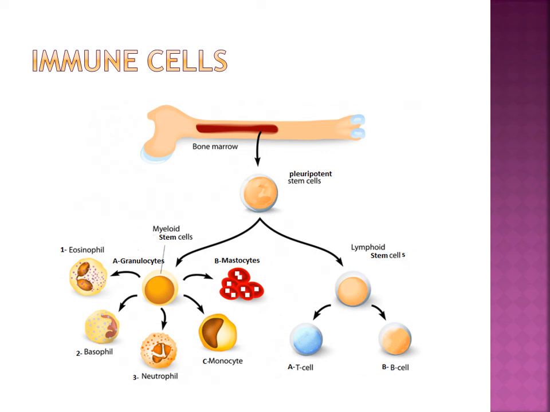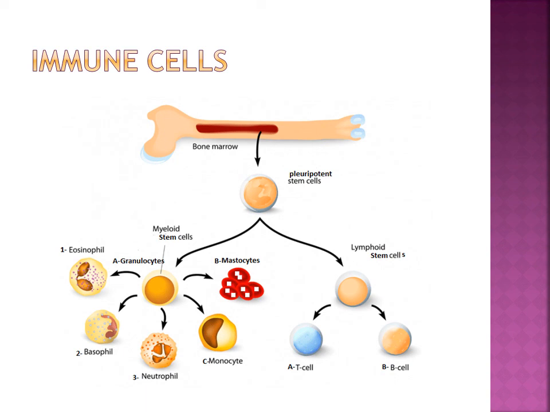Granulocytes can be classified into three cells called eosinophils, basophils, and neutrophils. Mastocytes and monocytes are the second and third types of cells corresponding to myeloid stem cells.